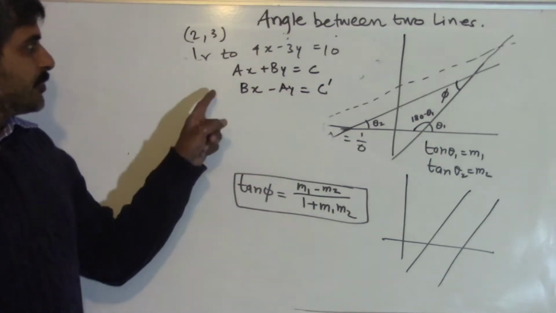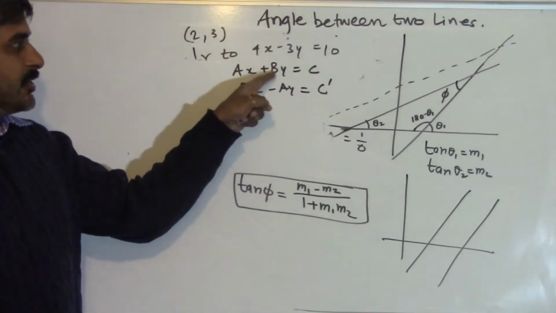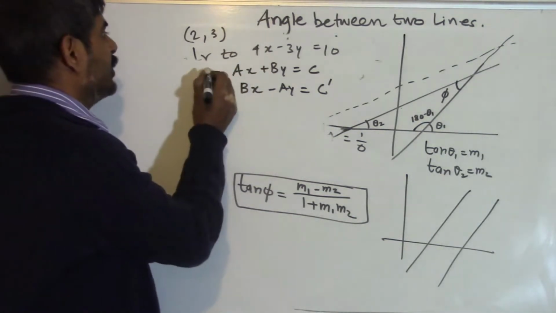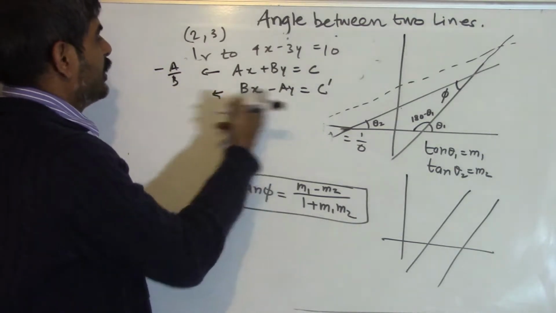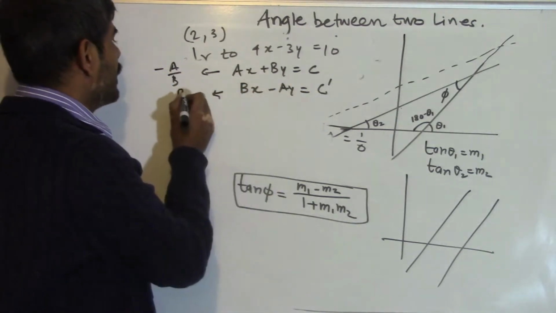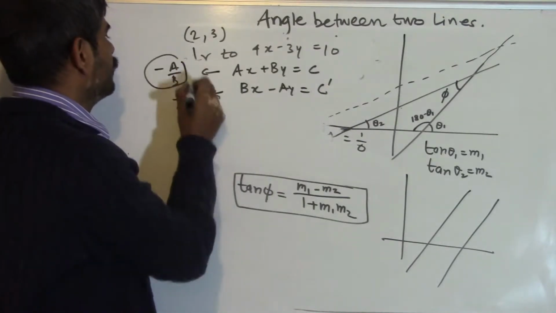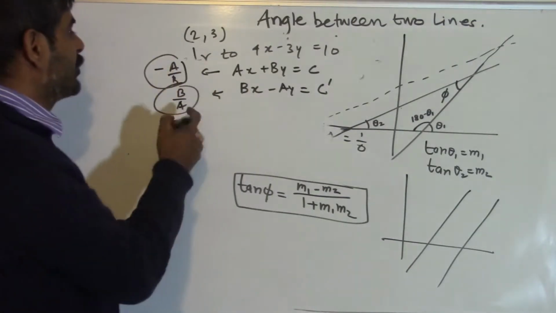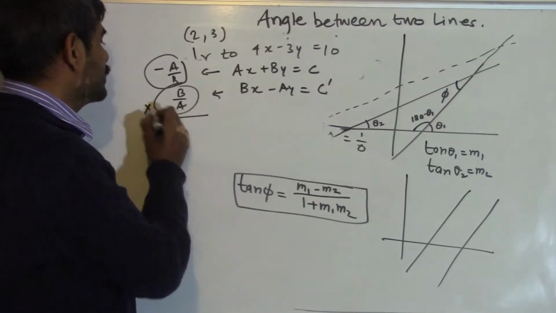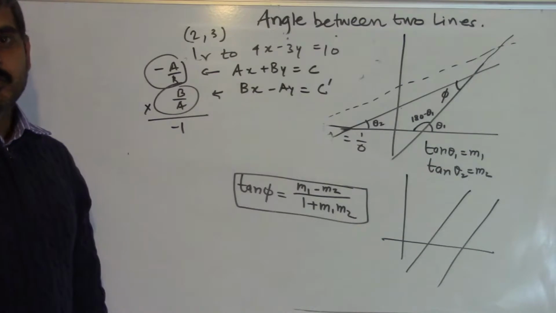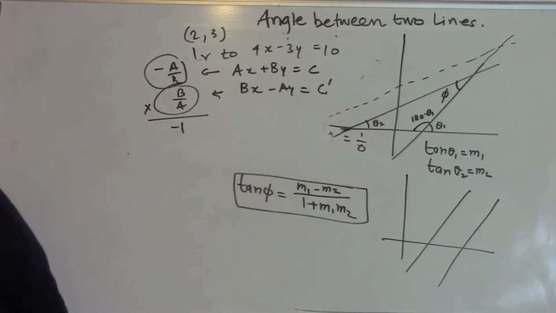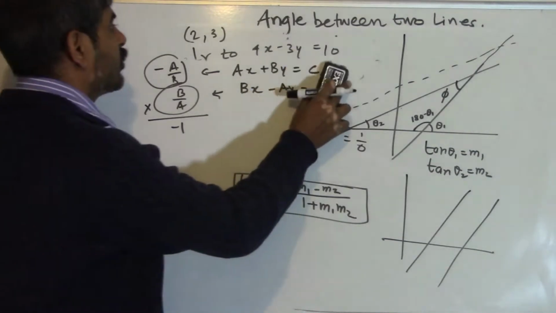We can see that because the gradient of this line is minus a by b, and the gradient of the other line is b by a, and if I multiply these two, we get minus a by b multiplied by b by a. This multiplication is minus 1, and therefore these two lines are perpendicular to each other.